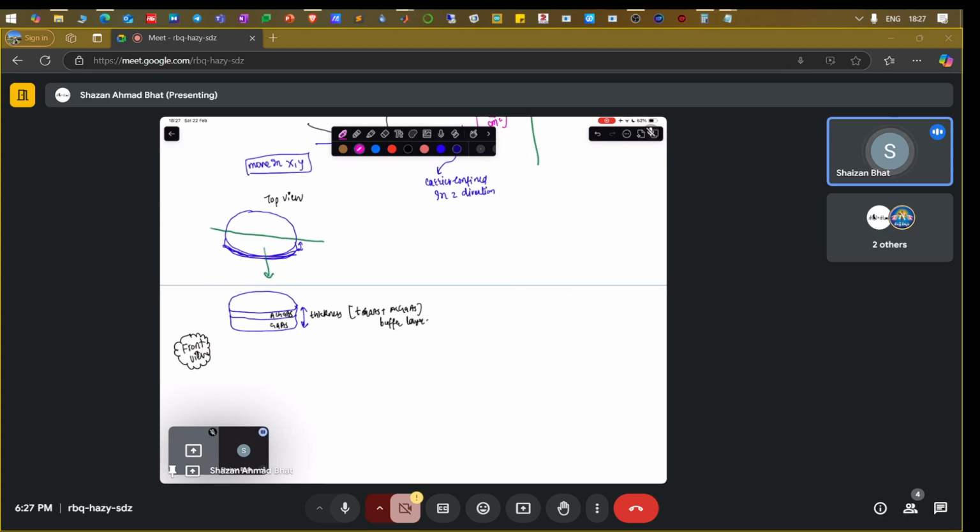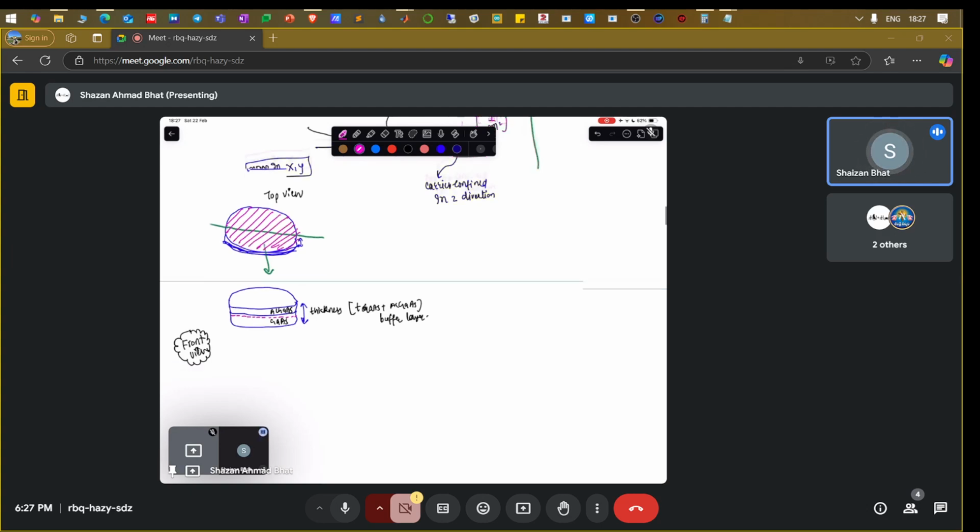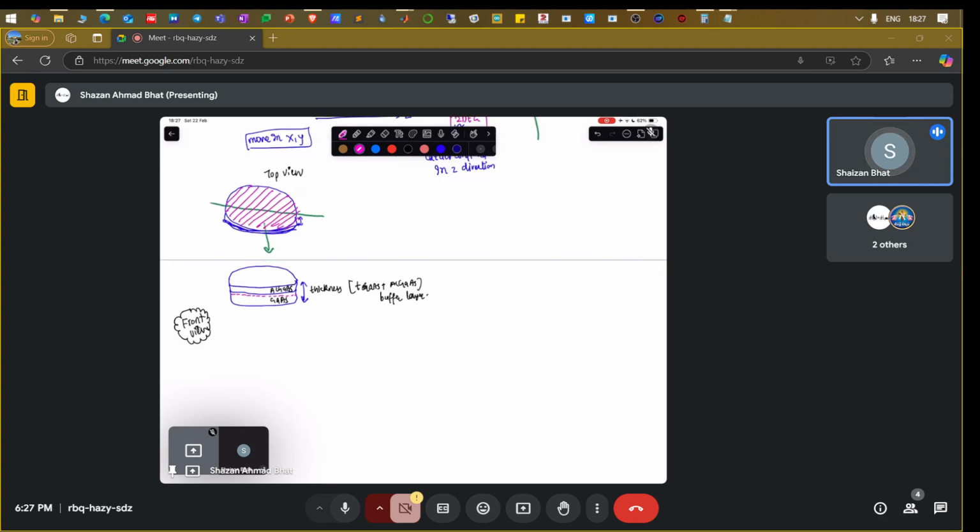You see that the two-dimensional electron gas will be present exactly here in the front view. And in the top view, the two-dimensional electron gas is present throughout. You need to understand that fact, because in the front view you see it only as a layer, as a line. But on the top view, it is present throughout below the aluminum gallium arsenide layer.